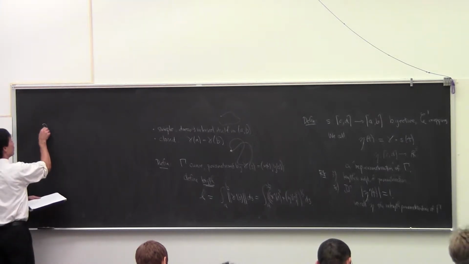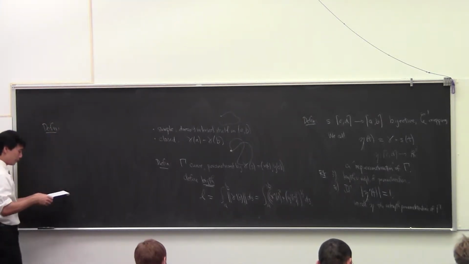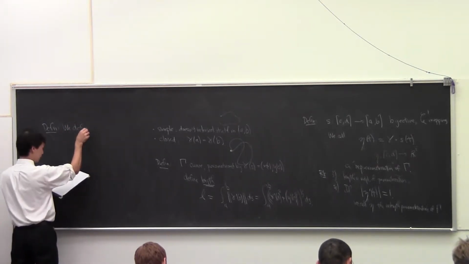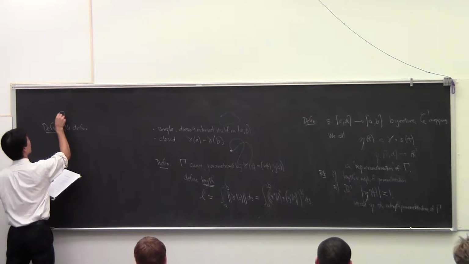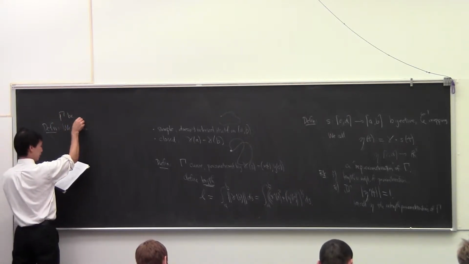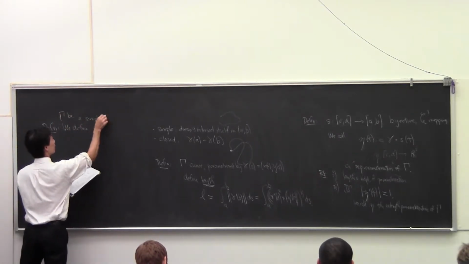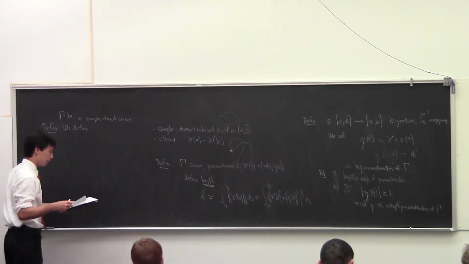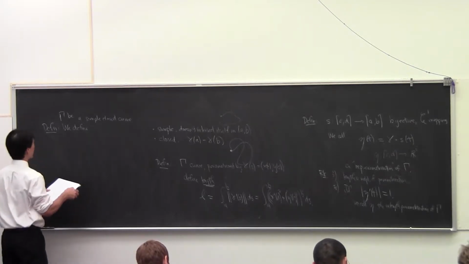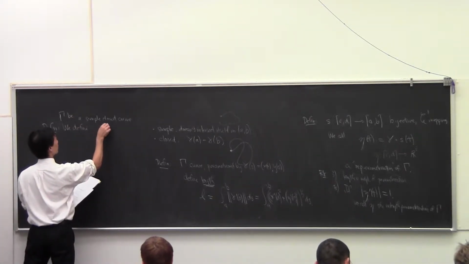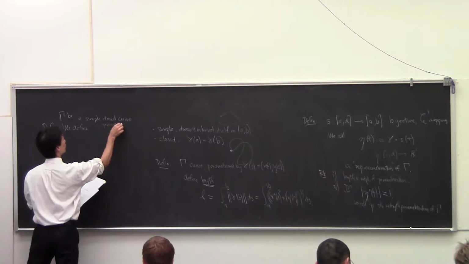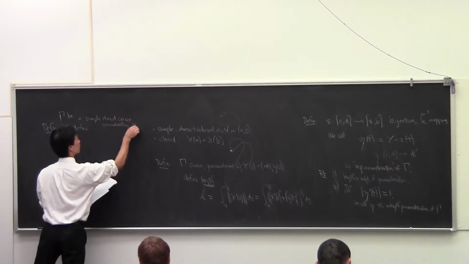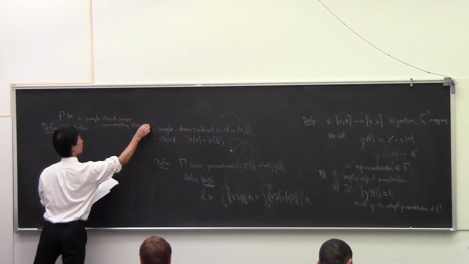Okay, so now we're going to make a reckless definition. Let gamma be a simple closed curve, parametrized again by little gamma being (x, y).